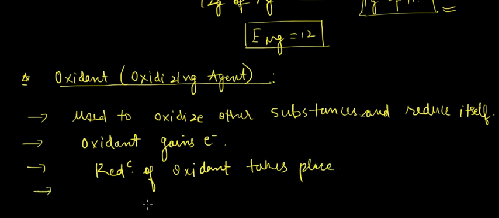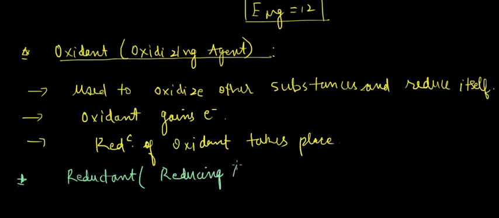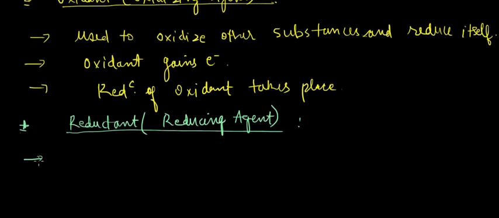Next, let's see what is a reductant, or a reducing agent. A reductant or a reducing agent is a substance which is used to reduce other reactants.